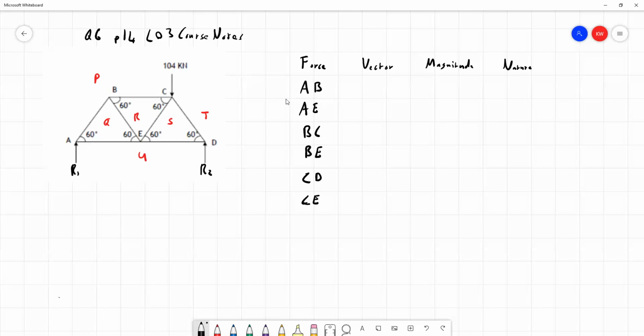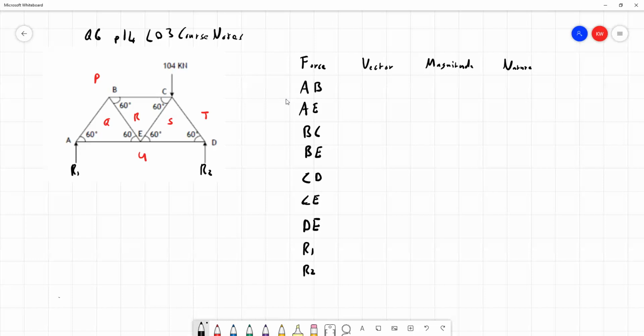And moving on to node D, well, that's connected to node C, but it's also connected to node E, which we haven't added yet. And node E is already represented. Its 4 members that connect to that node are already listed in our table. We also want to include in our table the reactive forces R1 and R2, because these are currently unknown to us. Now, we can also label each of these with a vector.